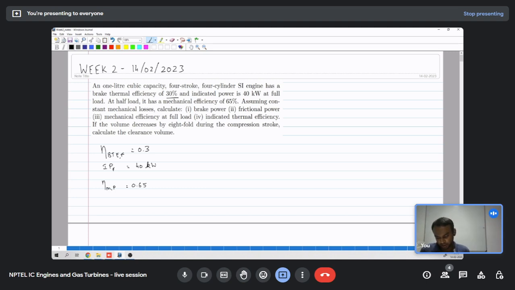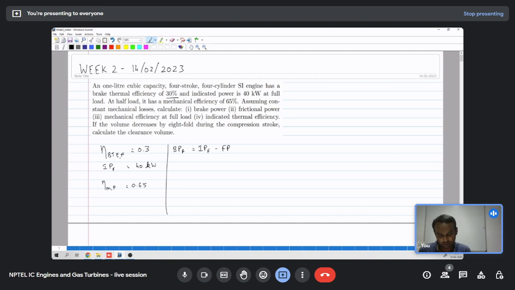So when we have 40 kilowatt indicated power, assume brake power full represents full load output, brake output. This will be indicated power at full load minus friction power.